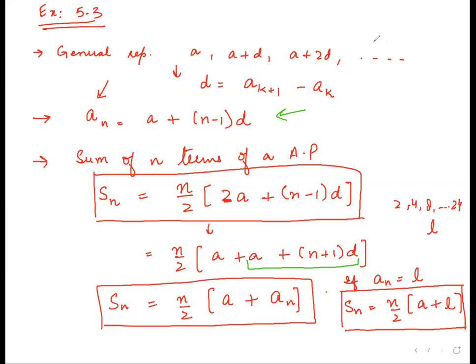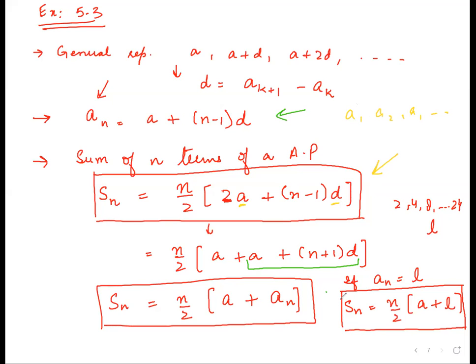Now look here, Hamna, you also pay attention. Now you have 3 formulas in front of you. Which one will you use? That depends upon what information is given in the question. For example, if an AP is given, first term a, a1, a2, a3, like that, and nothing else is given, only the AP, then you are going to use this formula, because from the AP you can find a and you can find d. That's the only unknown here, a and d.